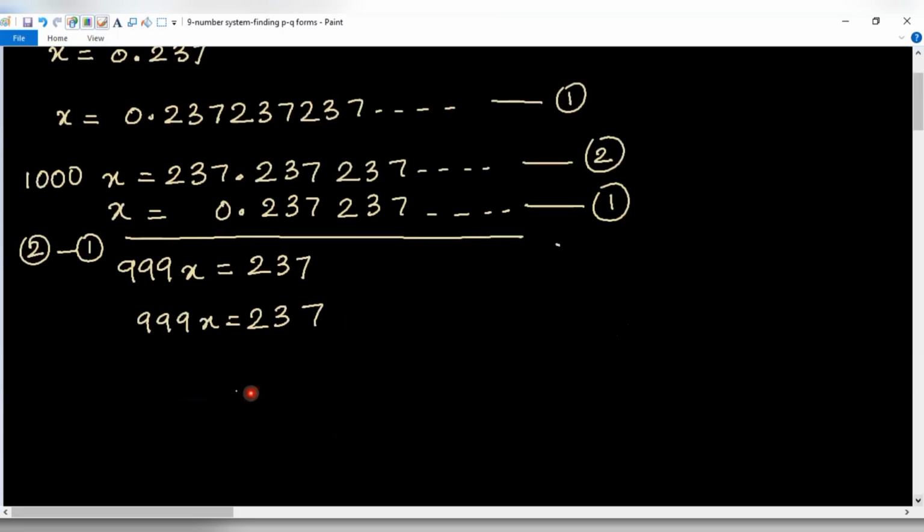To get the value of x, we take 999 to the right side. Here it is multiplied, so when we take it to the right side it becomes division. So x is 237 by 999.